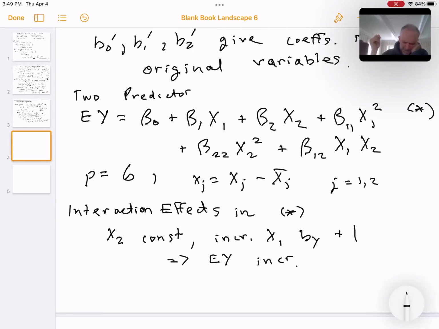What happens to EY if in that model up there, I hold x2 constant and I increase x1 by 1? What is the change in EY? Beta 1. Beta 1? Yep. Beta 1. Anything else happen?